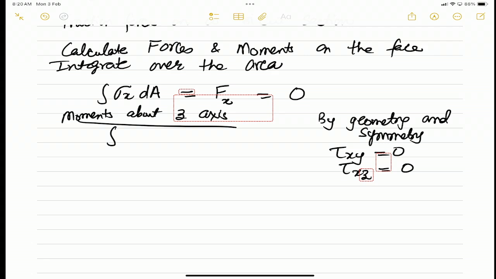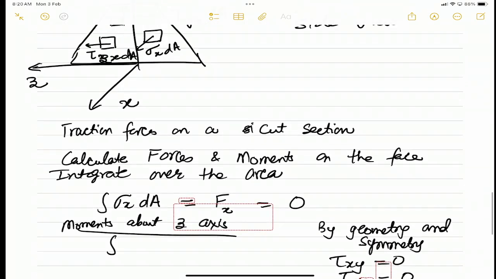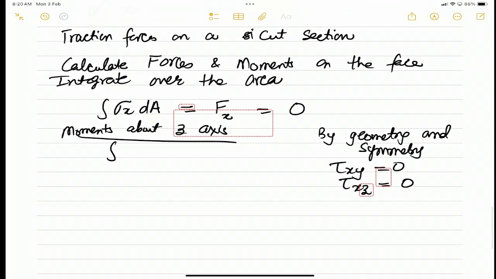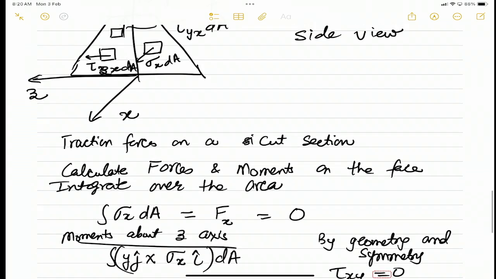So the moment will be equal to y j cross sigma x i dA.